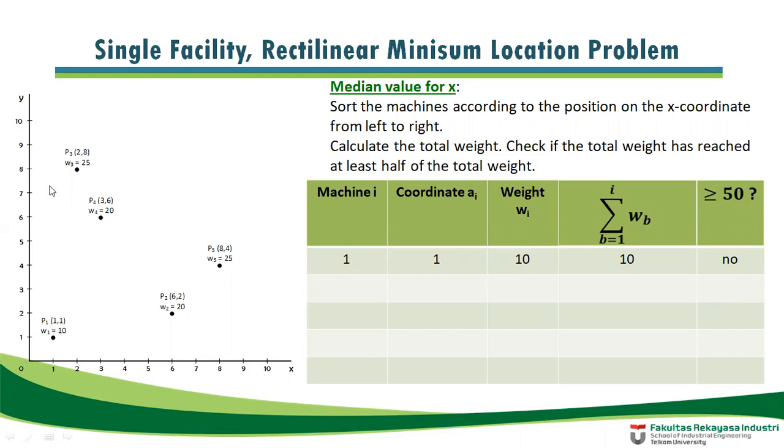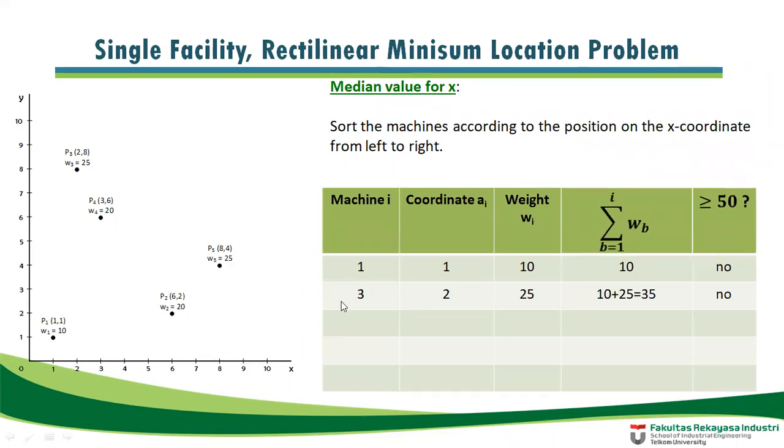And then we see P3 as the second iteration, and the coordinate is 2, the weight is 25, and we do a cumulative total weight.